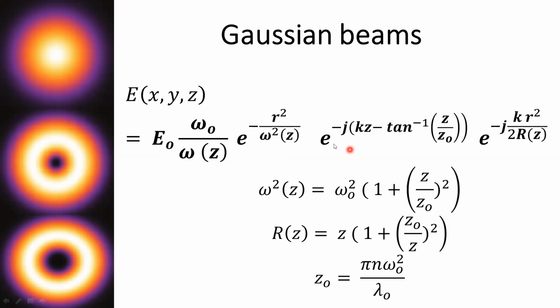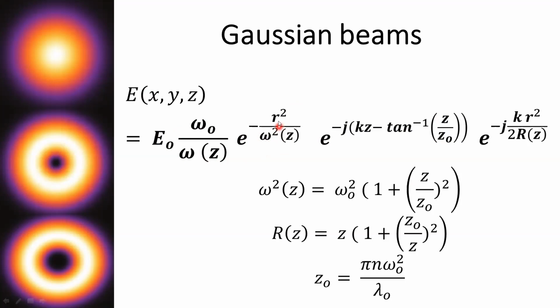Then your equation now is E equal E node over root 2, e power minus r squared over 2 omega naught squared. What value do you need to reach this exponential to be e power minus 1? You have r squared over 2 omega naught squared.